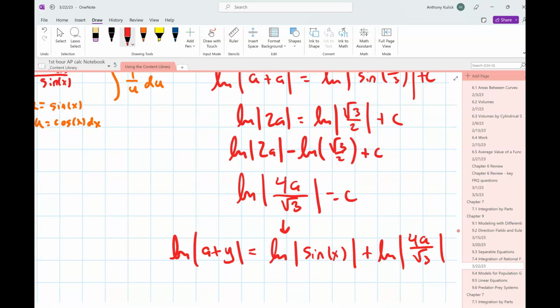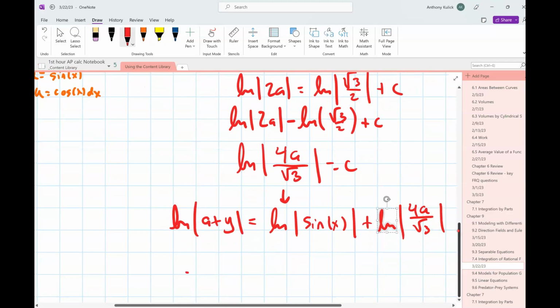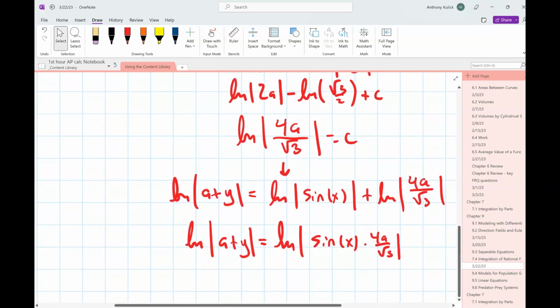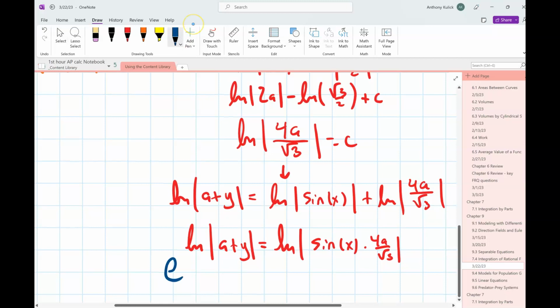And I'm guessing the book gave you an answer with y by itself, because that's perfectly doable for us. So let's go ahead and compress those two logarithms with the multiplication property of logs. And then we can do exponent base e to both sides.